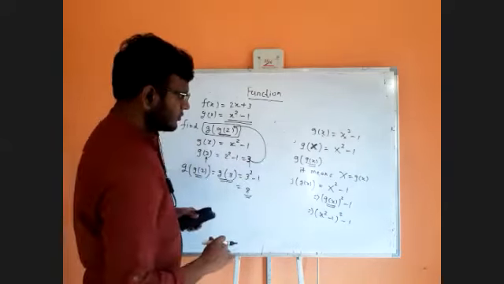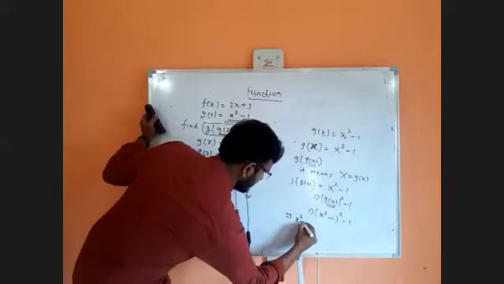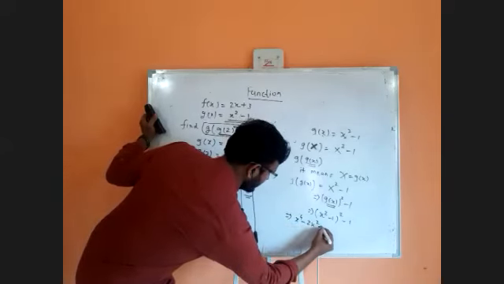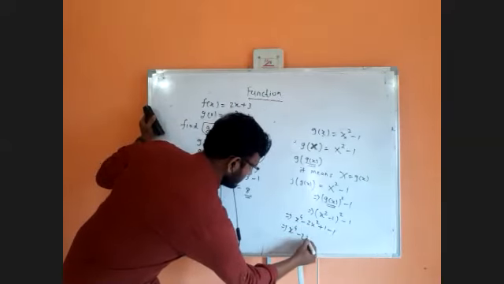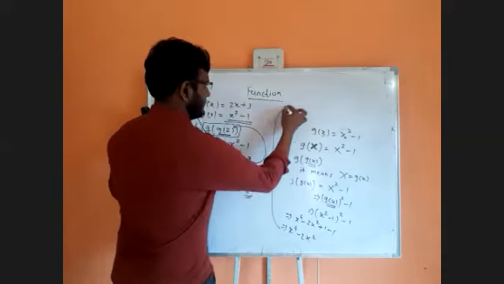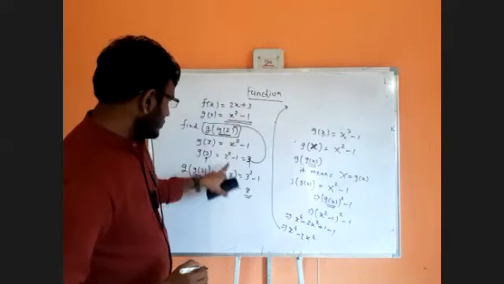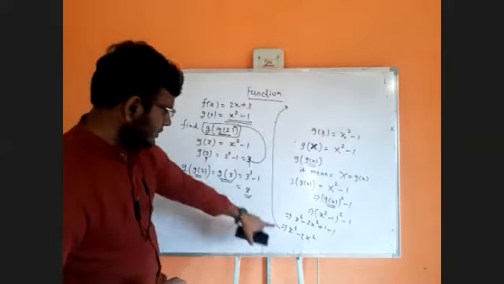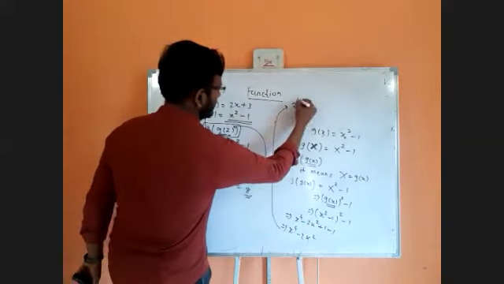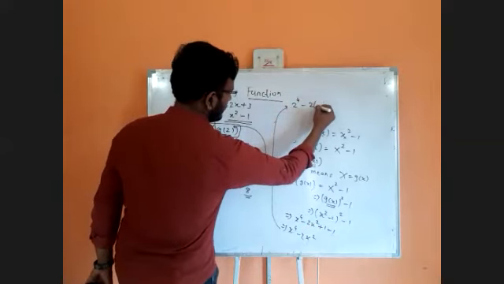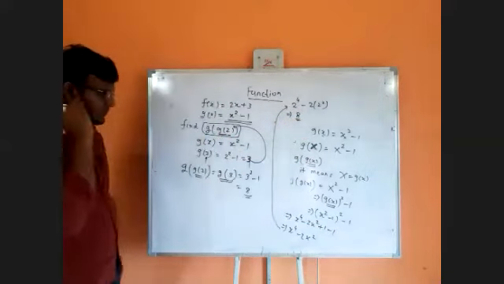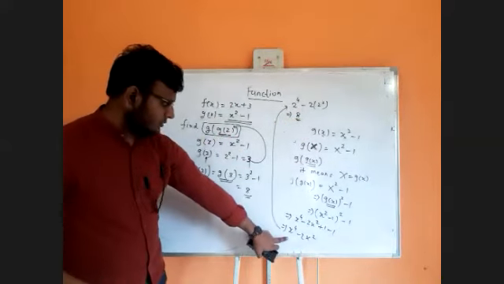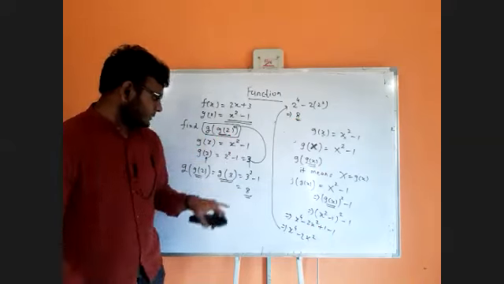So if I just open this up, it would be x raised to 4 minus 2x square plus 1 minus 1, so x raised to 4 minus 2x square. And if I just put 2 directly here, 2 raised to 4 minus 2 into 2 square, which will also give you 8 as an answer. So this is a generic expression, and this is a particular example.